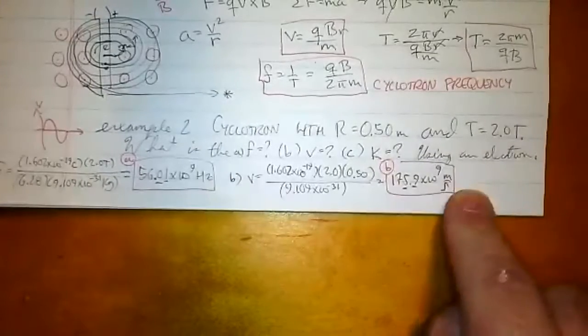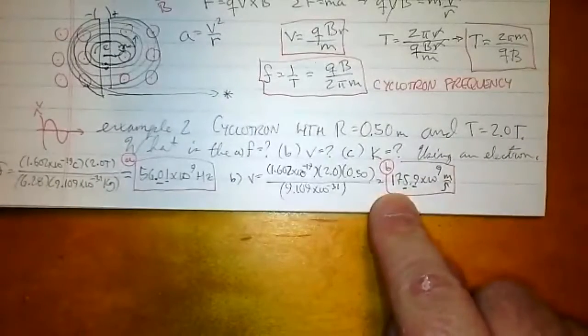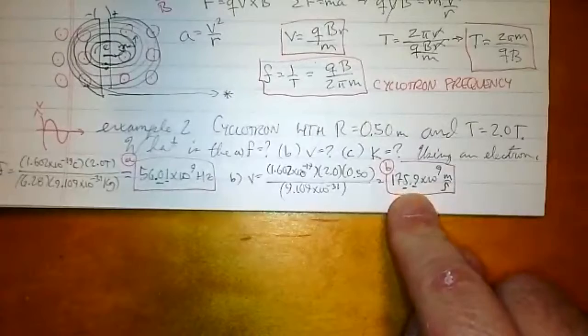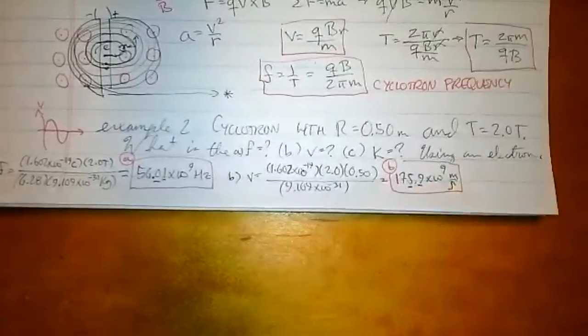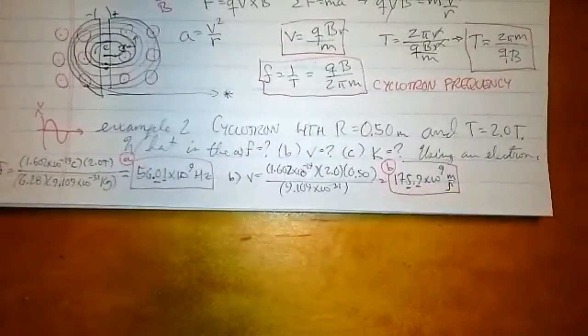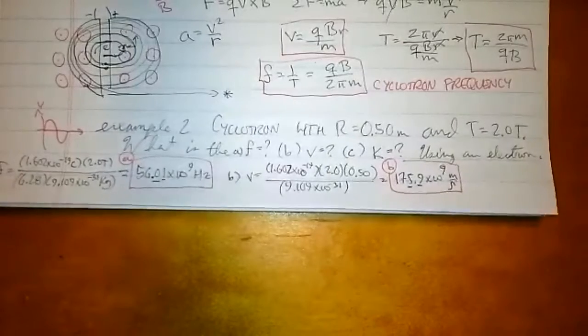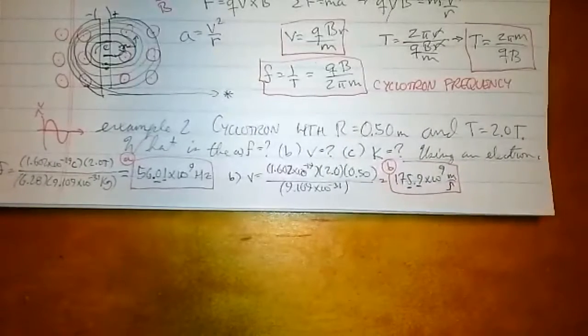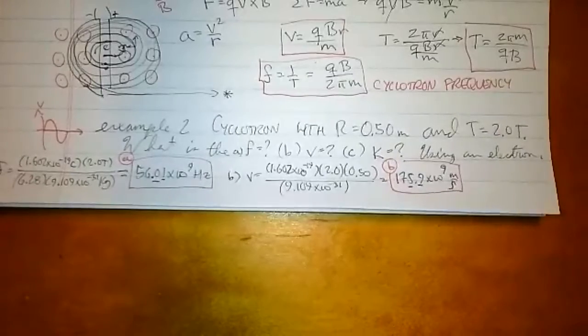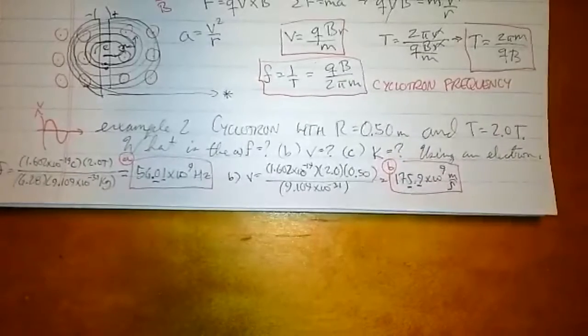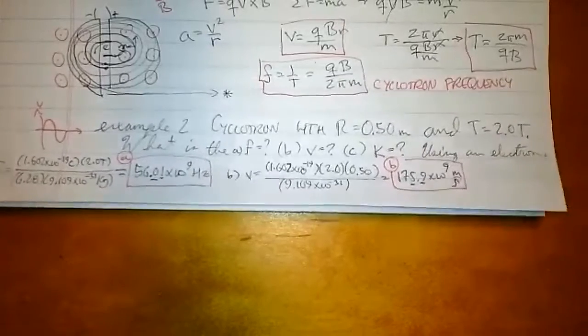Okay, so if you wanted to do classical physics, I could square this, multiply it by the mass of the electron, multiply it by 1/2, and what I would get is, I'm going to take that and square it, times 9.109e to the negative 31 times 0.5, and that's 14 times 10 to the negative 9th.